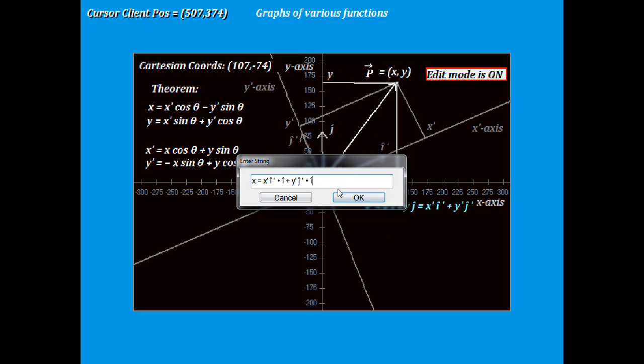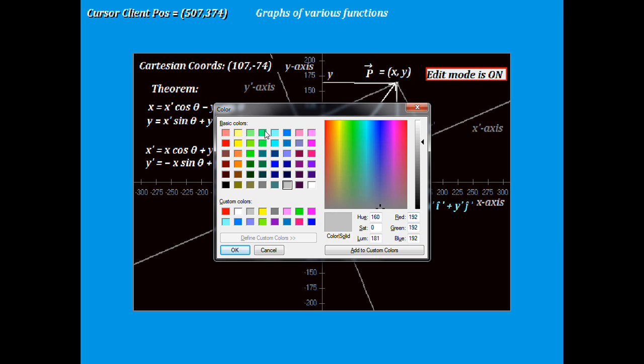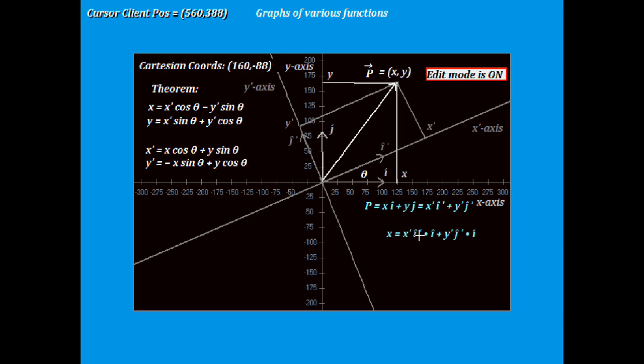Because of the distribution law we discovered, and the fact that i and j are perpendicular, instantly we have at least an expression for x that has x on this side and only prime stuff on this side. Now all we got to do is figure out these dot products, which are easy.